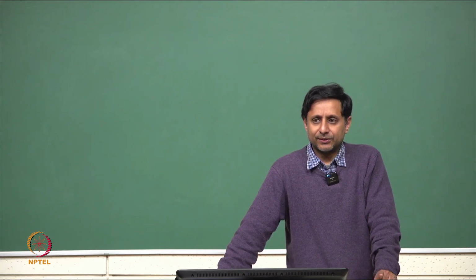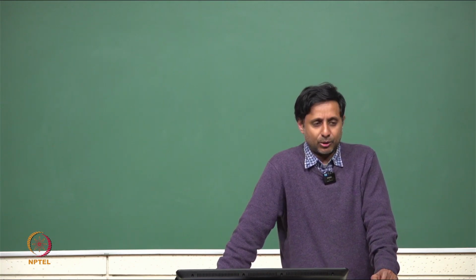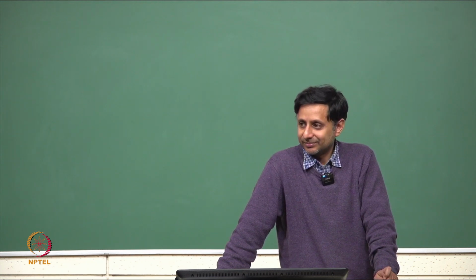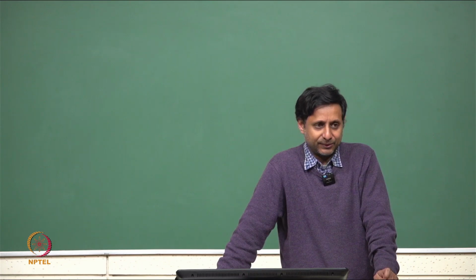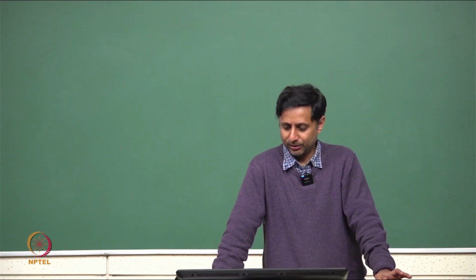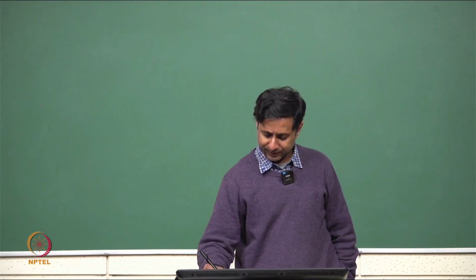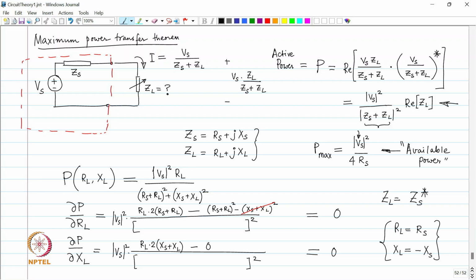Does it matter if this is a Thevenin model or a Norton model? What is going to be the difference if I move to a Norton model? The only difference is going to be here, instead of Vs, it is going to be Is times Rs.